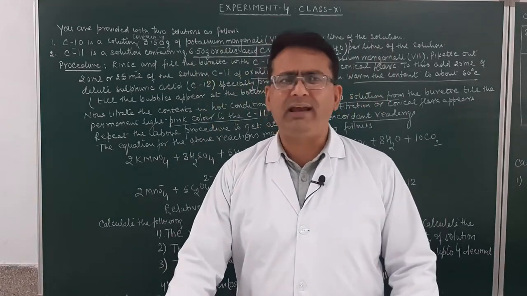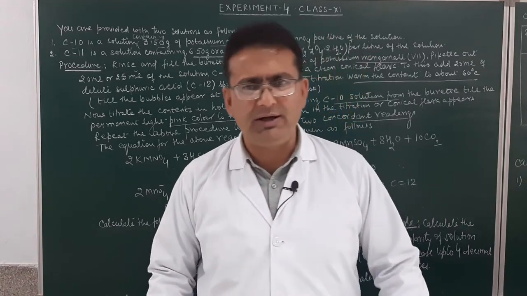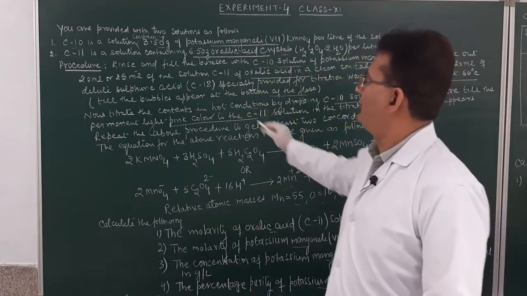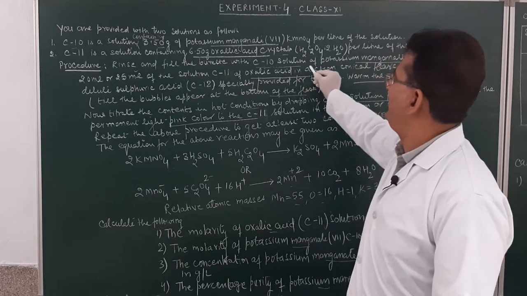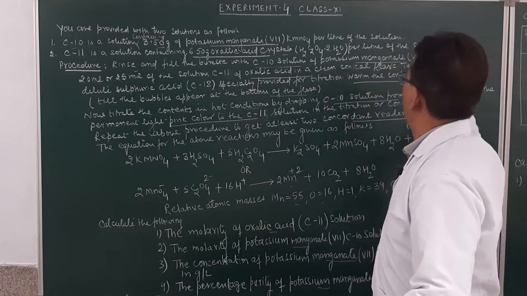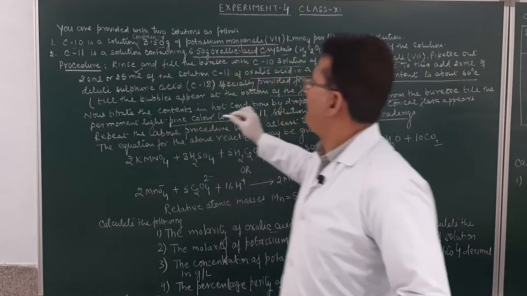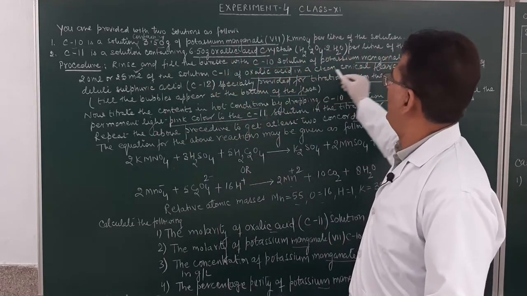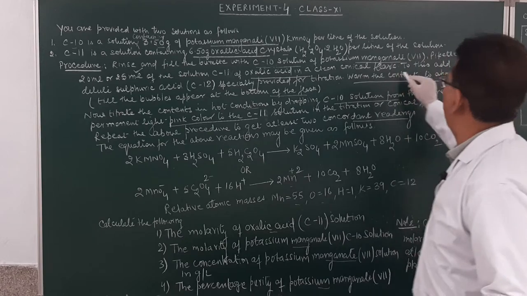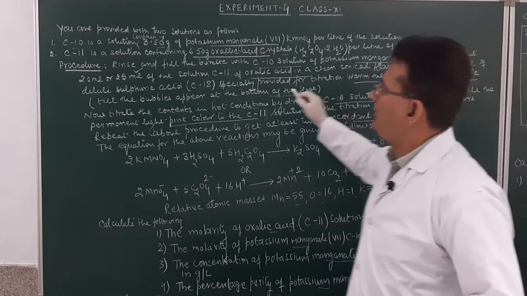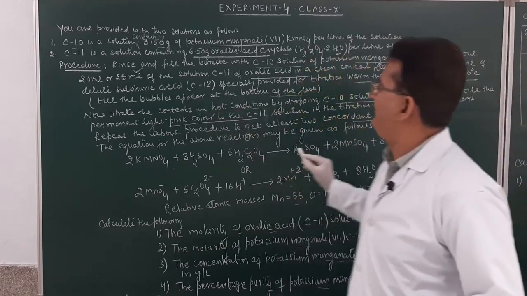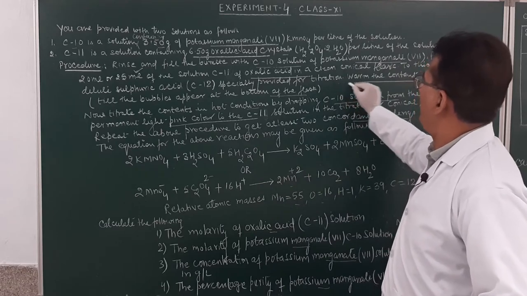This procedure is the same as was done in experiment number 3 and is written over here also. Rinse and fill the burette with the C10 solution of KMnO4. Pipette out 25 ml of the solution C11 of oxalic acid into a clean conical flask. To this add about 20 ml of dilute sulfuric acid C12 provided for the titration.